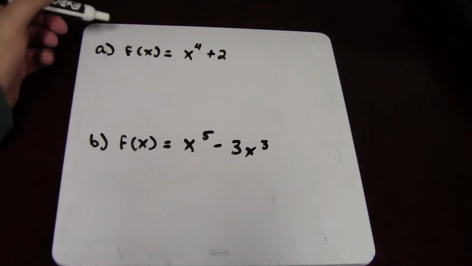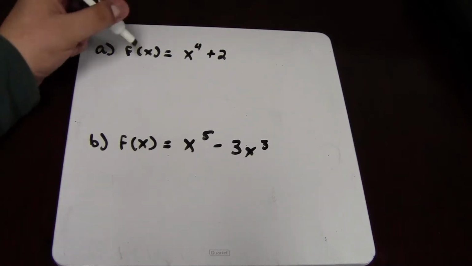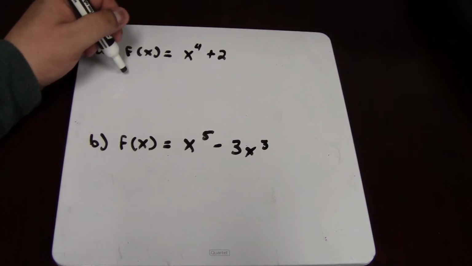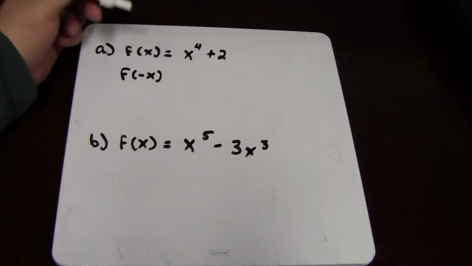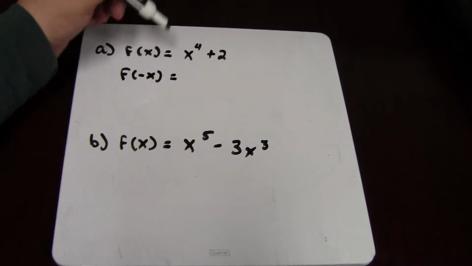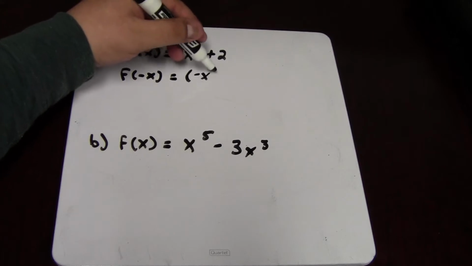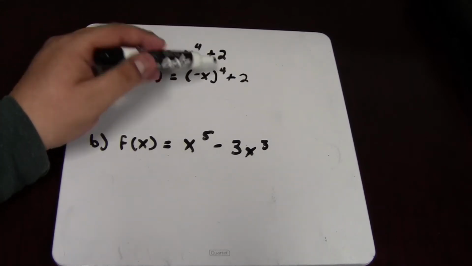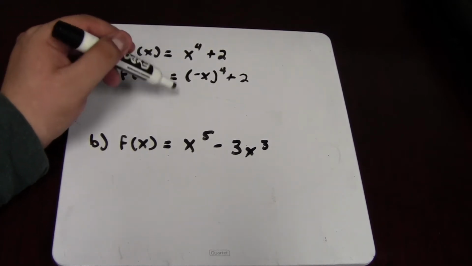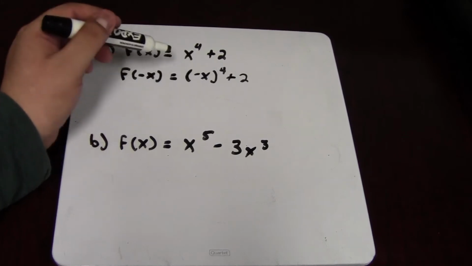Okay, here in A we have f of x is equal to x to the fourth plus 2. The first thing we always want to do is plug in negative x for x. So we need to figure out what is f of negative x. This means plug negative x everywhere we see an x, so we'll do that. Now, when we're doing this and the exponent is even, that's like saying negative x times negative x times negative x times negative x.